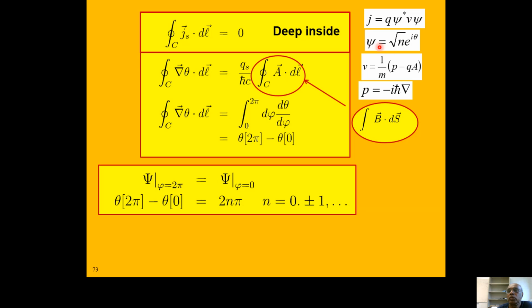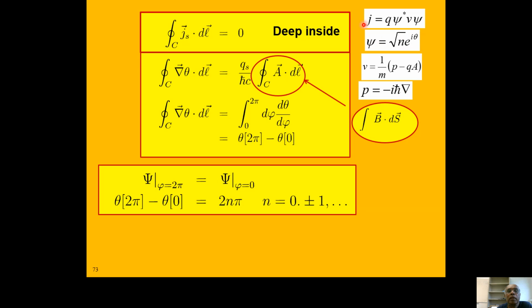If you take psi and psi star, you can see that becomes n, because e to the i theta and e to the minus i theta cancel. I write my psi as this. Then v you can write as 1 over m times your momentum, with this gauge invariance introduced through the vector potential. Also we know p is given by the quantum mechanical operator i h bar delta.